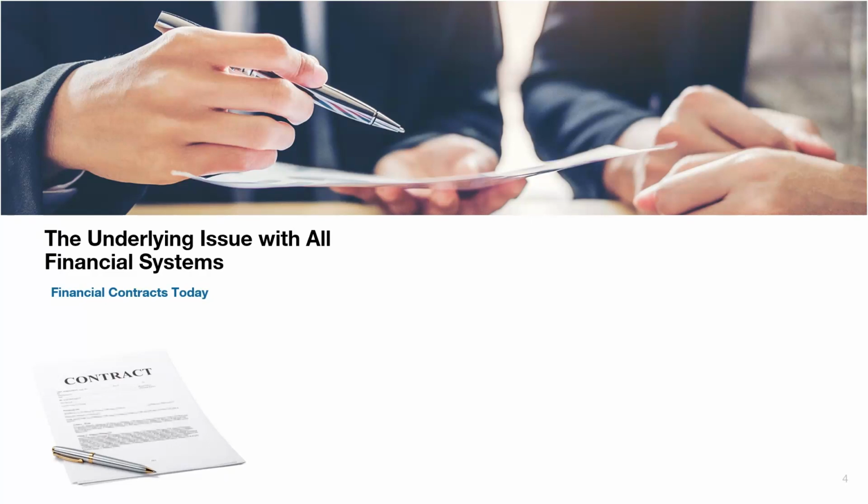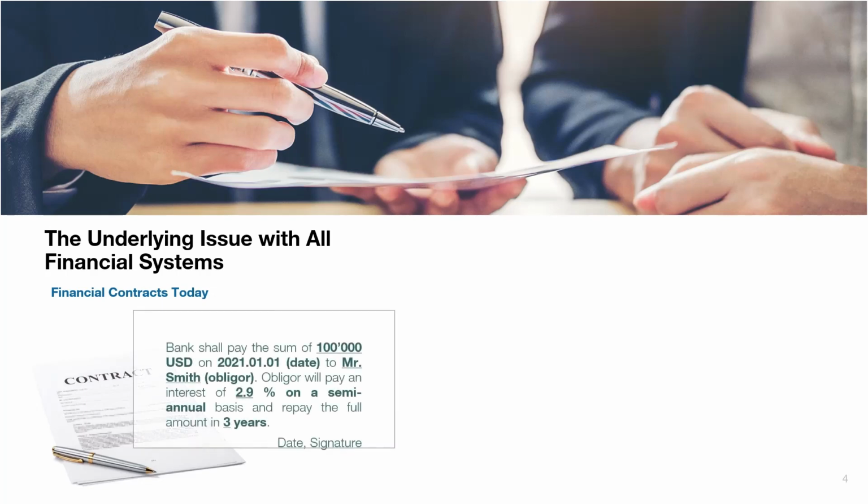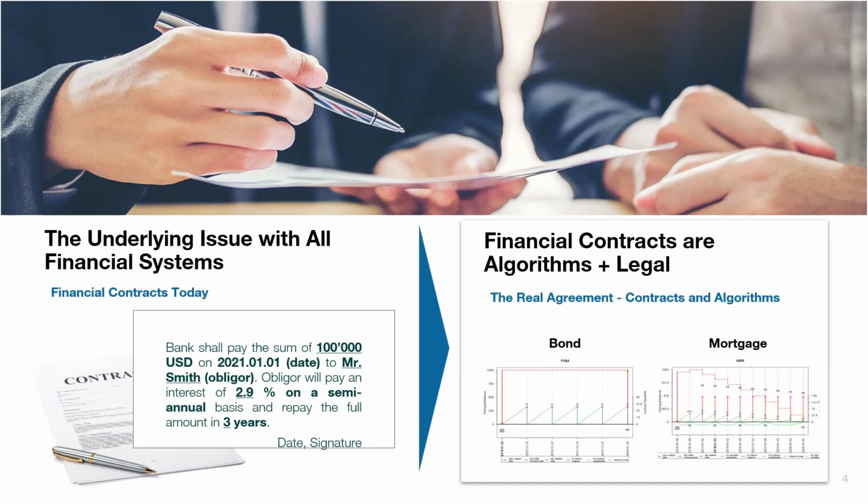Today, financial contracts are wordy, written by lawyers, and avoid any mathematical expression. However, at some point, the essence of the contract comes into play. The key point, which is the central intention of the parties to the contract, is an exchange of payments between counterparties according to a set of rules.